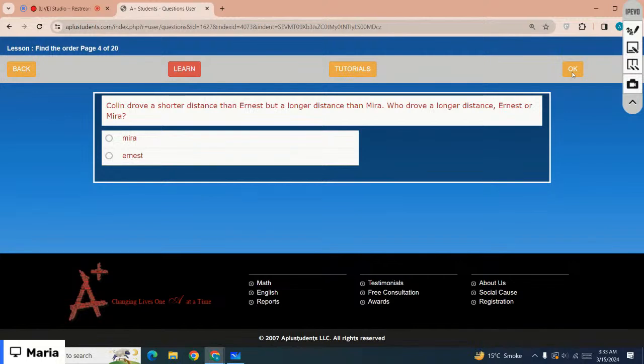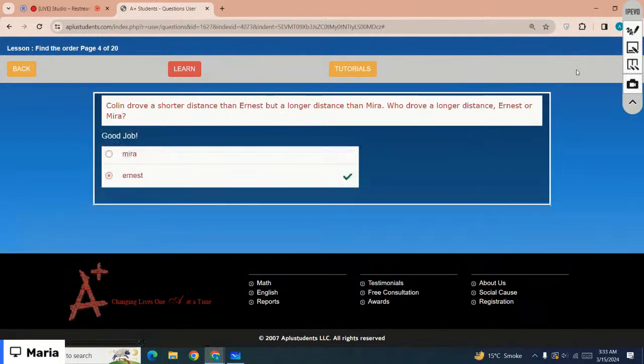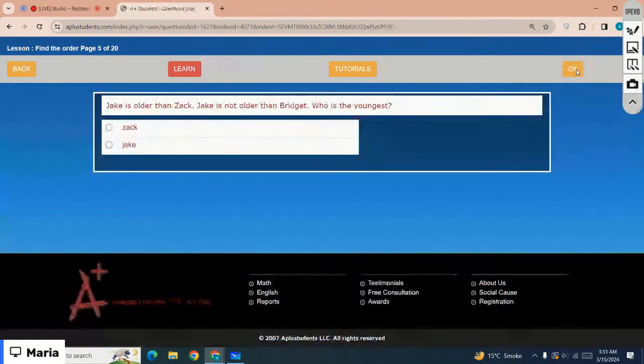Yes, Ernest is the one who drove a longer distance. The correct option is Ernest, right? The next one is Jake is older than Zach. Jake is not older than Bridget. Who is the youngest?